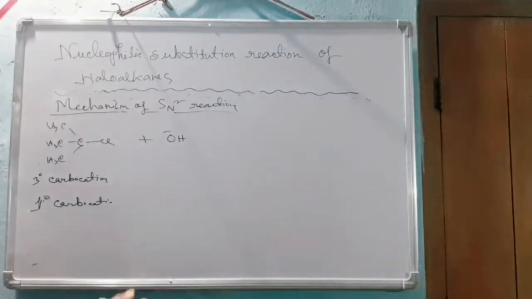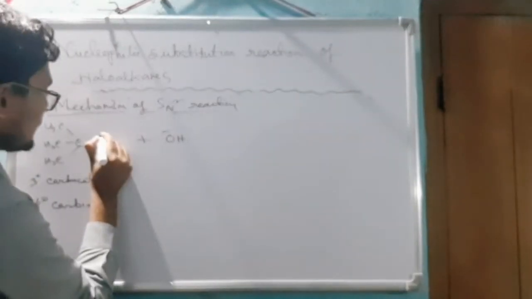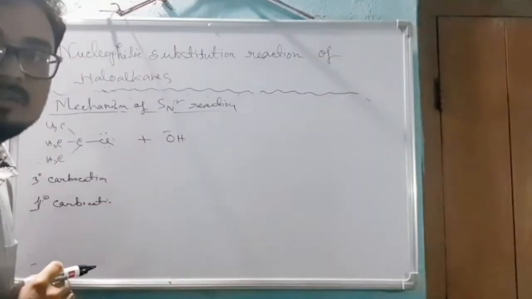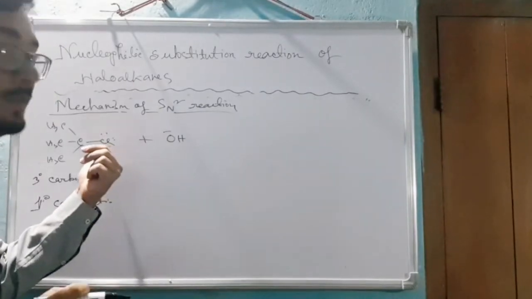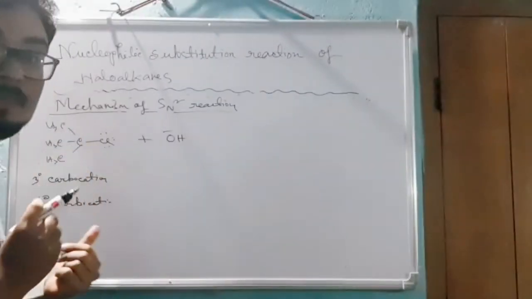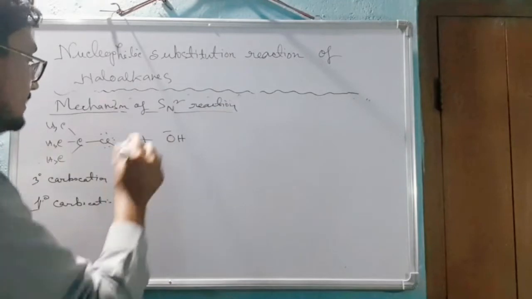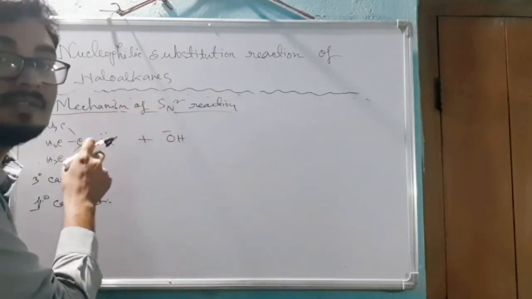Also, because of the chlorine lone pairs, this lone pair will repel, so the nucleophile cannot enter this position. So the nucleophile will attack only in this way.